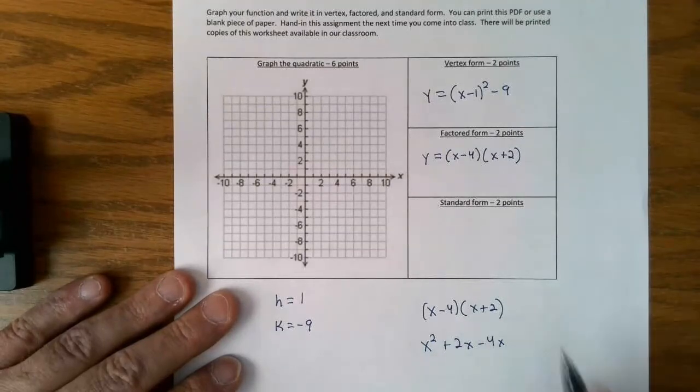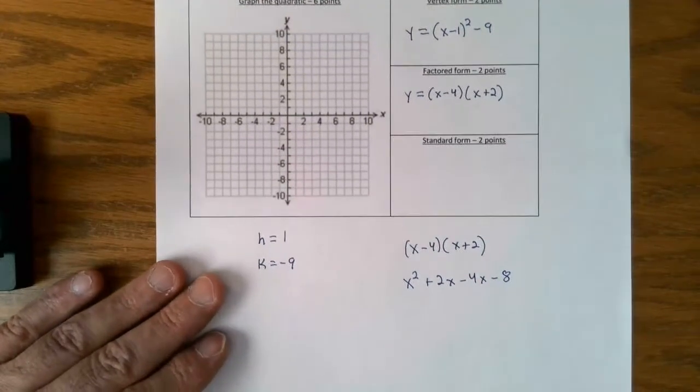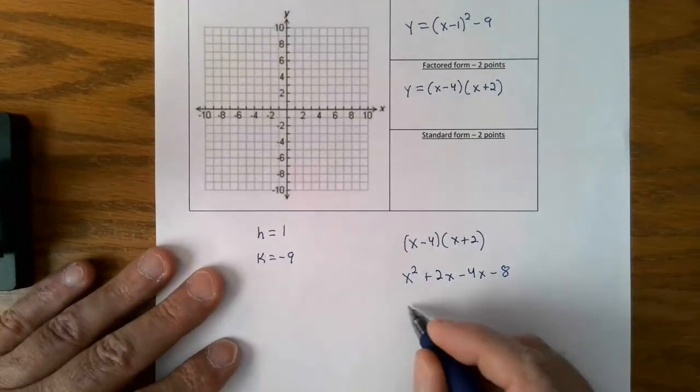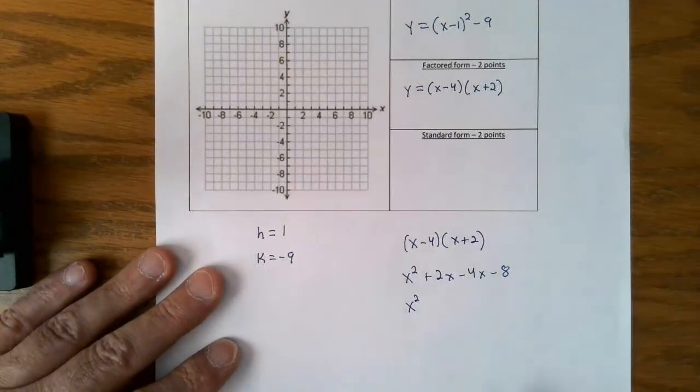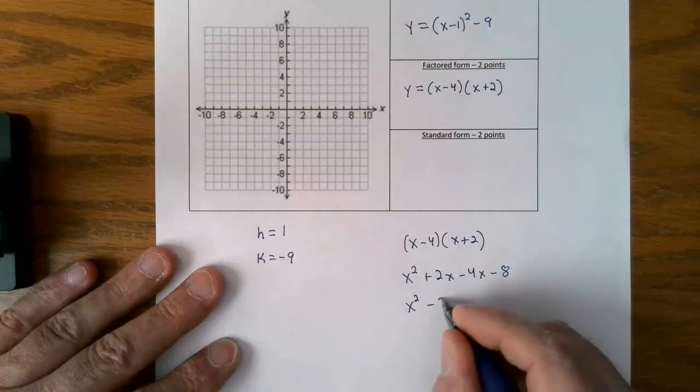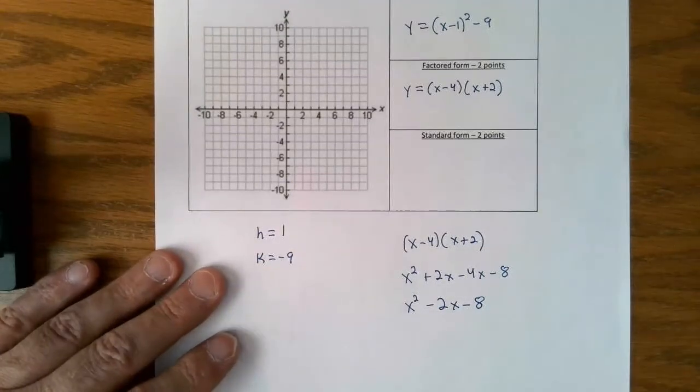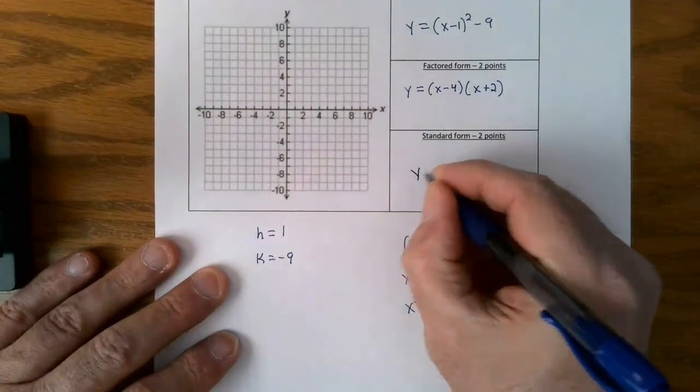And -4 times 2 is -8. Again, we've done that before, so you should have seen that. All right, we can combine those two terms in the middle as always. Remember doing that, X squared. 2X take away 4 is -2X. And then -8. So that's our standard form right there, okay?